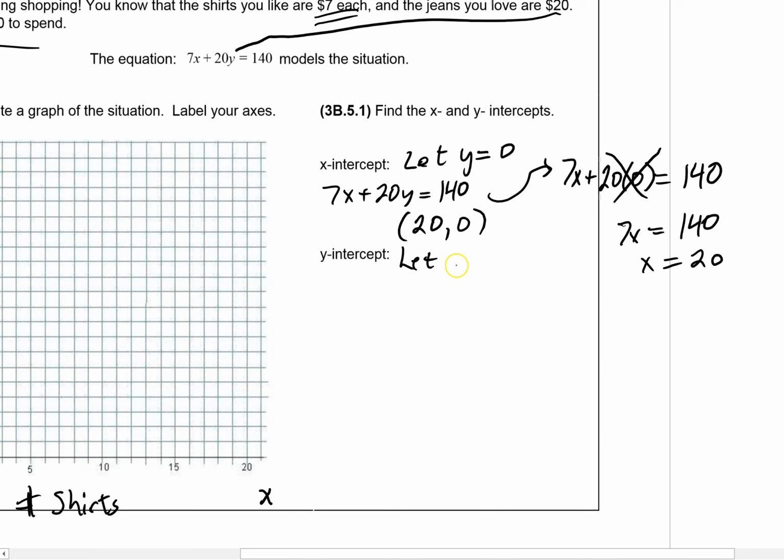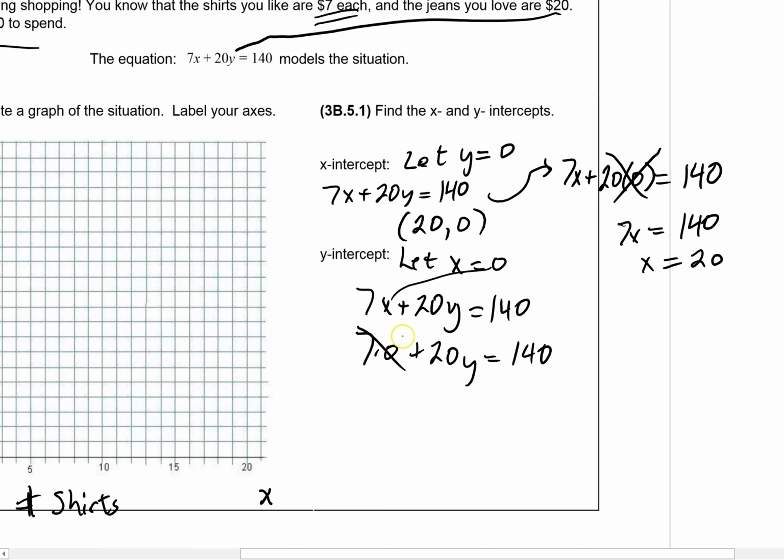To find your y-intercept, we're going to let x equal 0. And if we let x equal 0, this is 7 times 0 plus 20y is equal to 140. That's going to go away. Divide by 20, and you'll get y equals 7. Your y-intercept will be (0, 7).